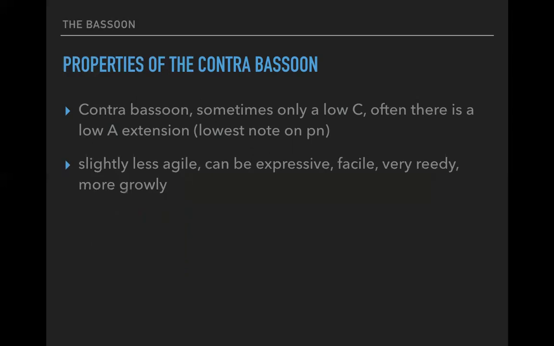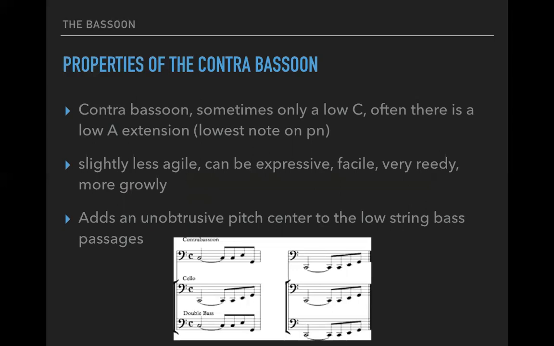It is slightly less agile, especially in that low register. However, I've heard plenty of contrabassoon solos, especially in a modern context where composers are trying to extend the idea of what's possible for the instrument. As I said already, it can add an unobtrusive pitch center to the low, let's say, string-based passages. So you'll often see the two doubled.